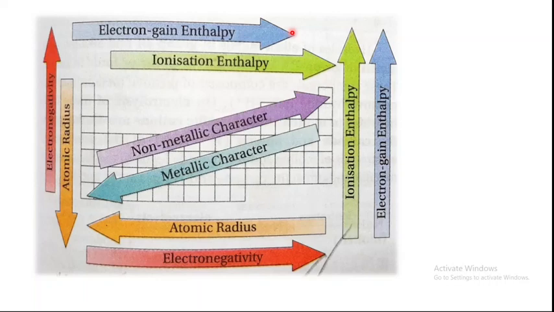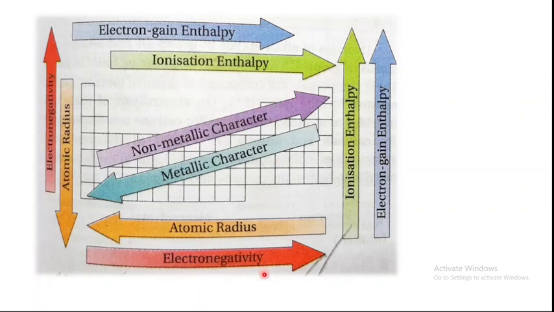This is due to the fact that the valence electronic configuration of halogens is ns2np5, and so they require only one more electron to acquire the stable inert gas like electronic configuration ns2np6. As a result, halogens have a strong tendency to accept an electron, which implies the numerical values of electron gain enthalpy are very high. Now we will describe the term electronegativity.